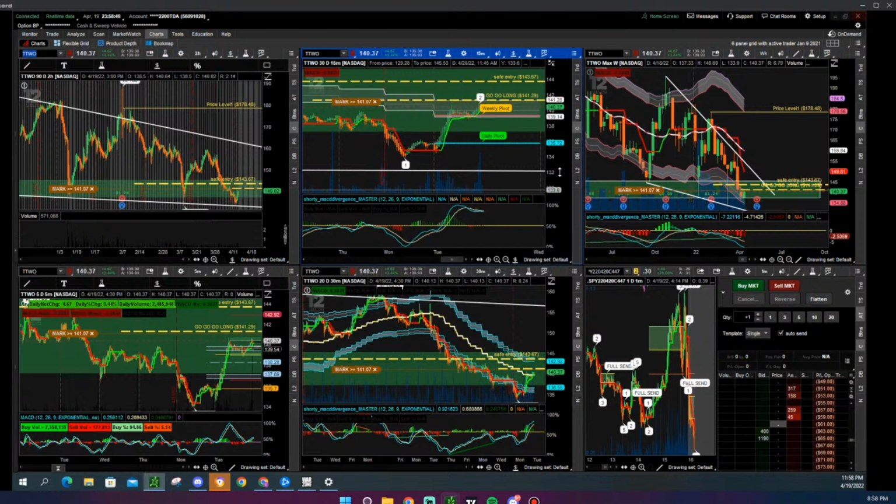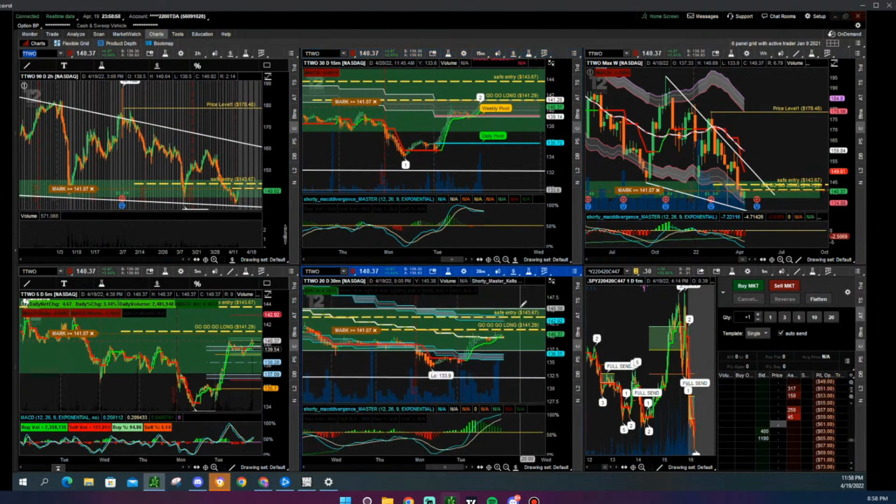Oh man. So 141.12. Over the 4 hours is 143. And this might rip tomorrow. I think we take a breather back to like 136-ish, maybe the bottom of the 4 hours, and I'll be looking for calls there.